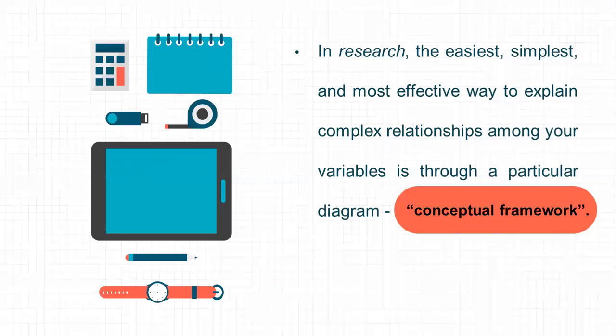In research, the easiest, simplest, and most effective way to explain complex relationships among your variables is through a particular diagram, which is yun nga, ating conceptual framework.